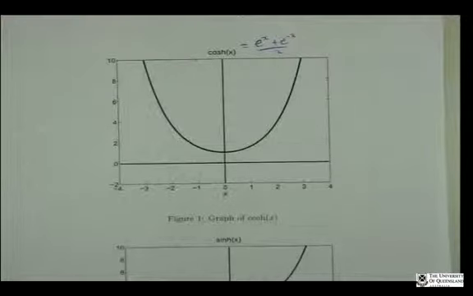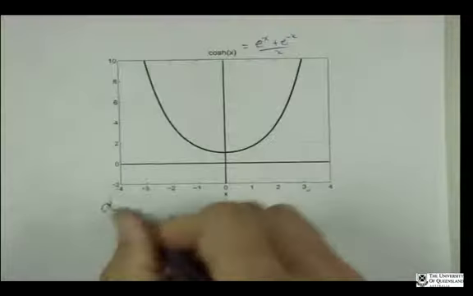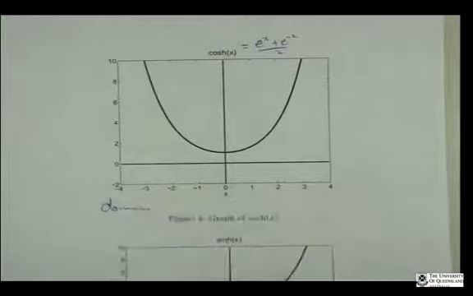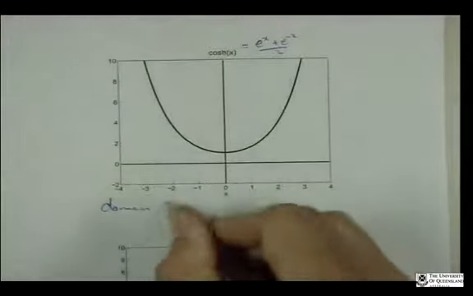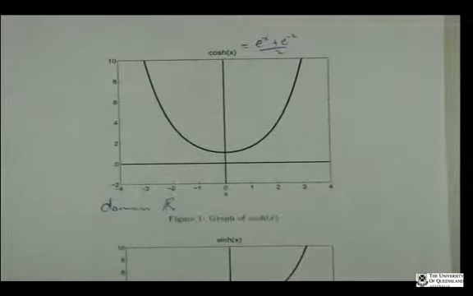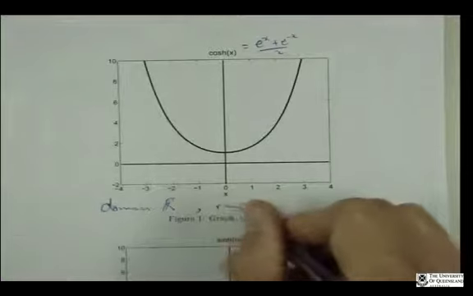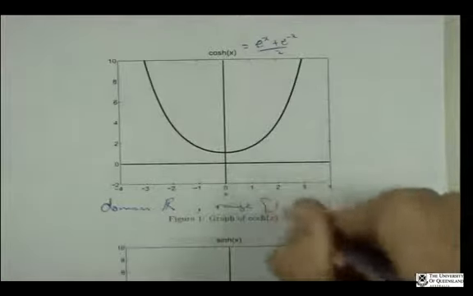In other words, we can say that the domain for cosh is just the set of all real numbers, but the range is just the interval from 1 inclusive, well, all real numbers greater than or equal to 1, which I could write as this interval. Okay?